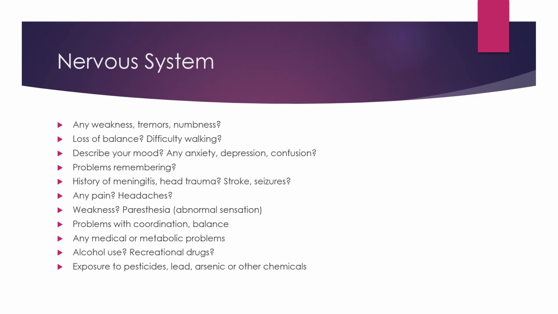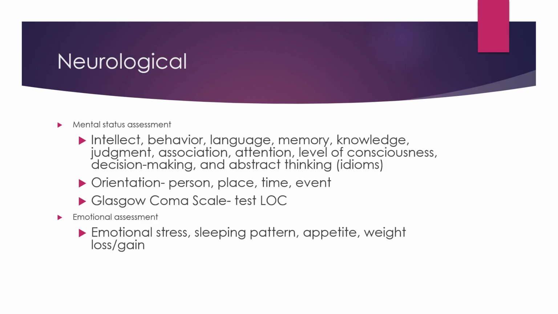And then you want to further assess the nervous system for any difficulties, any weakness, tremors, loss of balance, mood changes, history of meningitis or trauma, pain, weakness, paresthesias, any alcohol or recreational drug use, exposure to pesticides or other chemicals. Those are some questions that you ask.